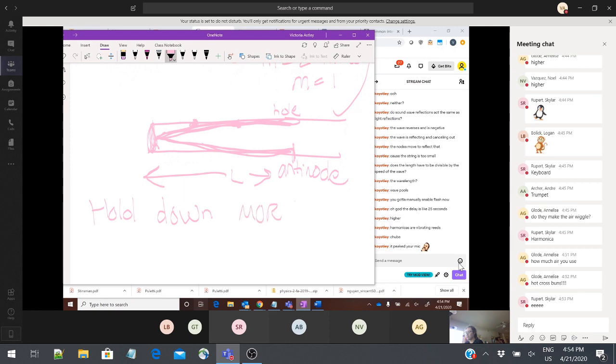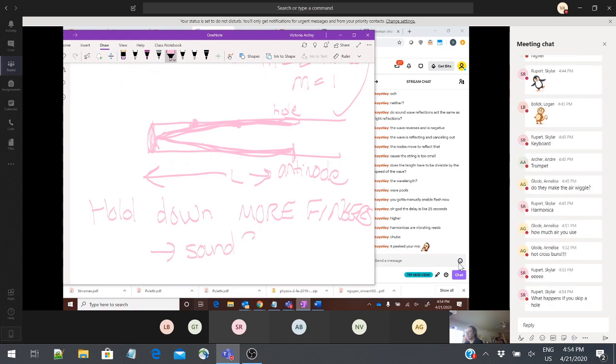Okay. So if I hold down more fingers, what will happen to the sound? What happens if you skip a hole? That's a really good question. I think it basically just ignores everything below it. Has a small effect, actually. But in that case, if you're skipping a hole, you're forcing an antinode there and an antinode there.